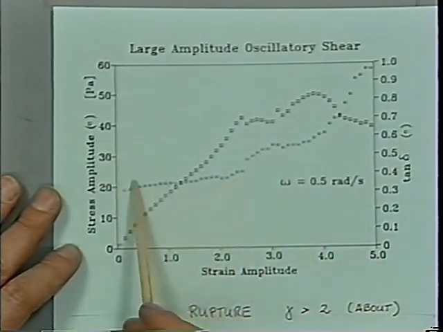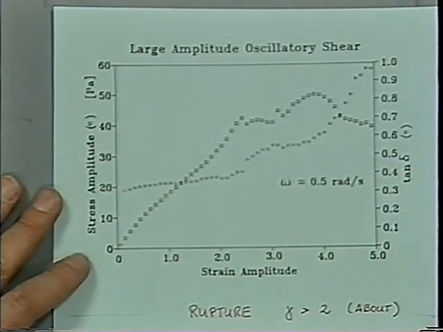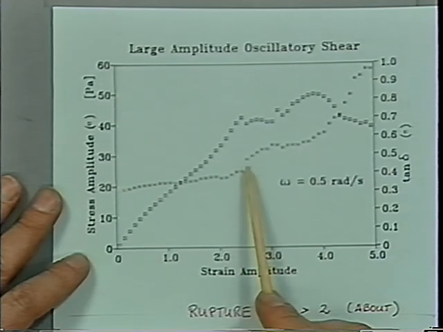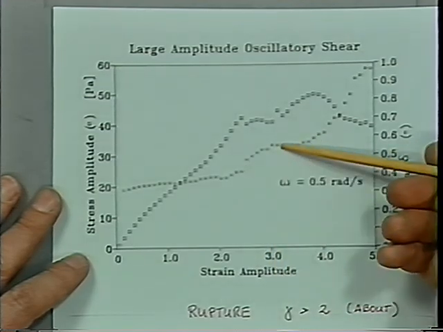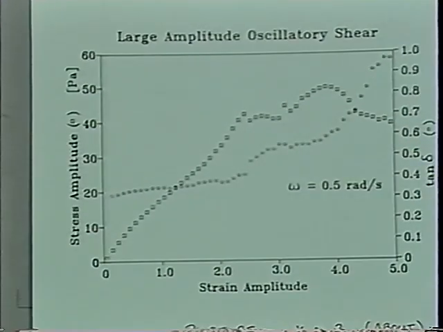Tan delta is about constant, as we would expect. It's not perfect, but it's pretty close. But at some strain beyond 2, the sample breaks and tan delta becomes more liquid-like. Tan delta is increasing, and the stress level is characteristic for the broken system.